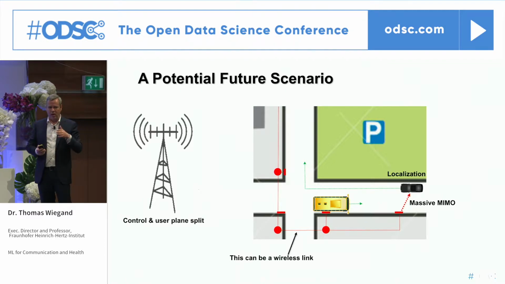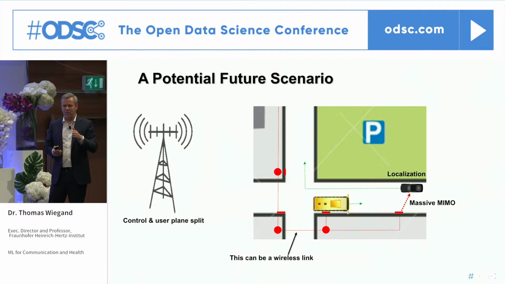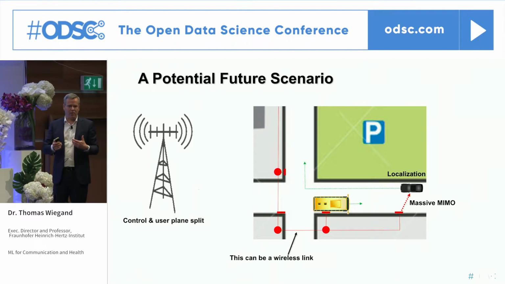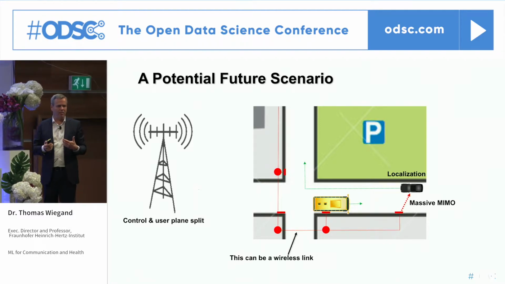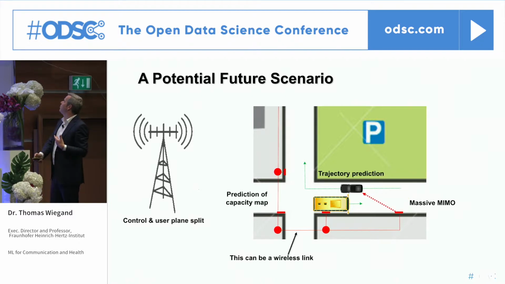And we would need to have line of sight to be effective for this. So we would have this massive MIMO antenna, for instance, at a building. So it can be part of architecture, these massive MIMO antennas. And then you are moving with your car, and we need to predict where you go. So that's the first machine learning task, to figure out where you go, because we need to track you.